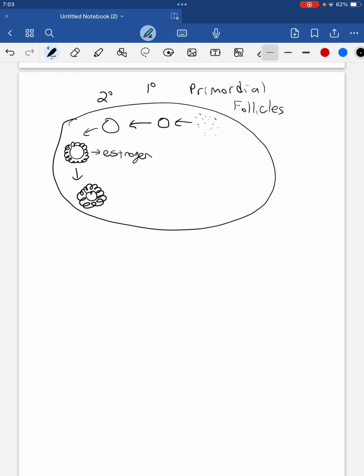This happens at day 14 of the cycle. Then the egg gets ovulated or released into the fallopian tube. So luteinizing hormone, LH, is what causes the egg to be released or ovulated.